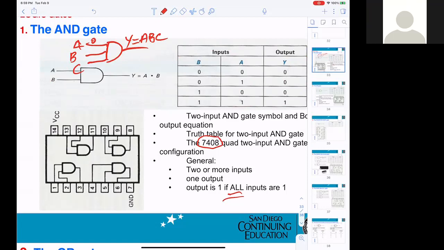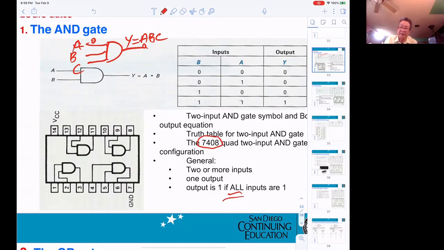Okay? For the AND gate, one input 0, output must be 0, no matter what. If you get 0 here, 0 and B will be 0, or 0 times B will be 0, 0 times C will be 0. We don't care about B. You don't care about C. So that's why when you apply 0 at A, you suppose to get 0 out.